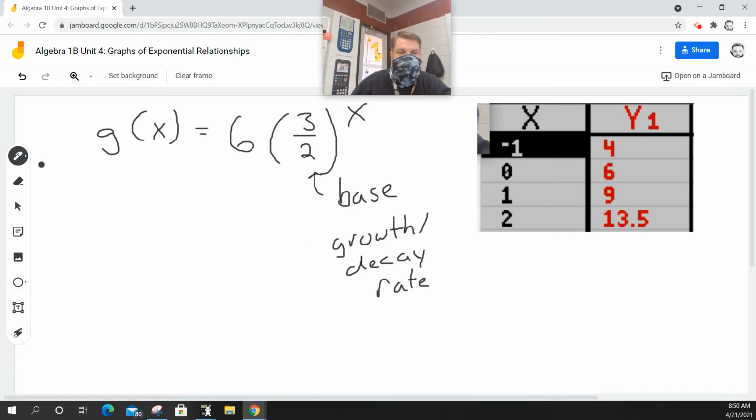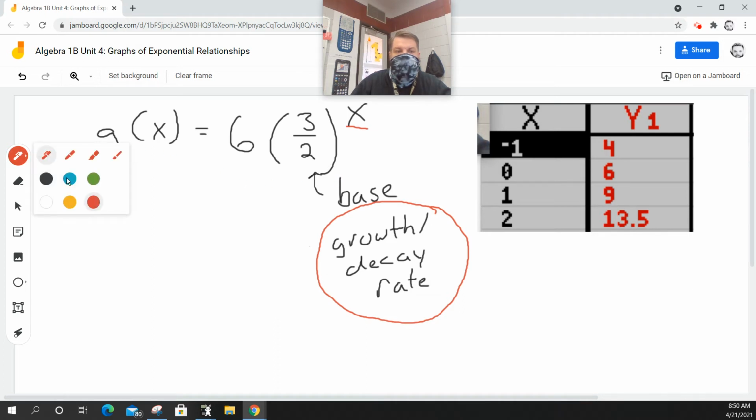So just remember that. This is the base, and it's usually some sort of rate because that's what we're raising to a power. Okay. Now, what do you think 6 is? Well, 6 is always this term right in front of that is what we usually refer to as the initial condition.